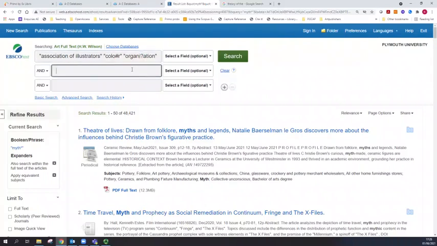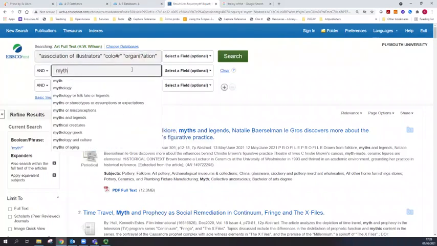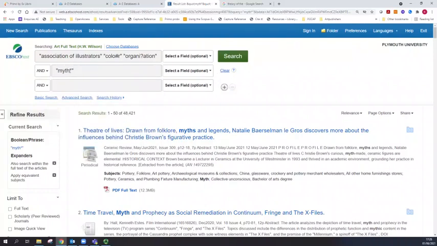We've also looked at truncation that will look for any letters that come after the beginning of a word. And these tricks and tips will help you with your searching to make sure you're including as many relevant results as possible.